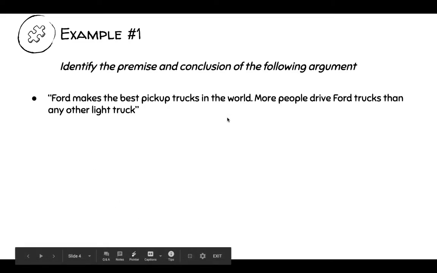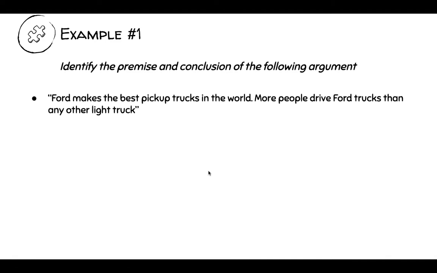This first statement is not a premise. It's not an observation that you're going to look around the world and say, oh, I saw the best pickup truck in the world today. No, the premise or the observation would actually be the second sentence in here. More people drive Ford trucks than any other light truck. You could certainly observe that in your day-to-day surroundings as you're roaming around, seeing lots of Ford trucks drive around.